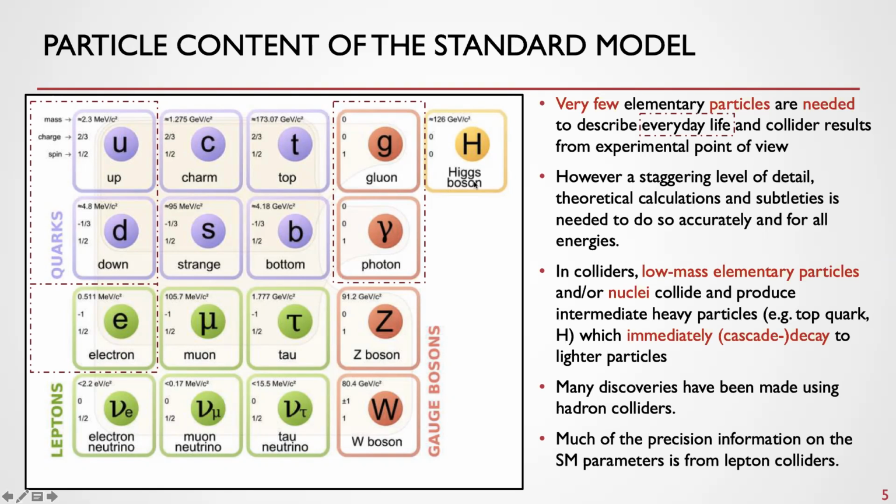There are the standard model particles, but we need only very few to describe all processes that happen to us in everyday life, because the up and the down quark form the proton and the neutron. They are held together via the gluon to form these GeV scale bound states, and those then form the nuclei.